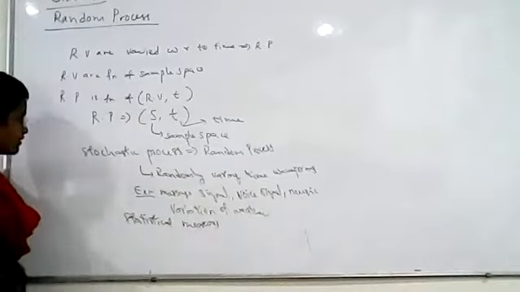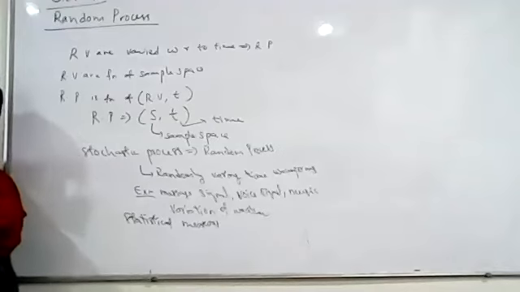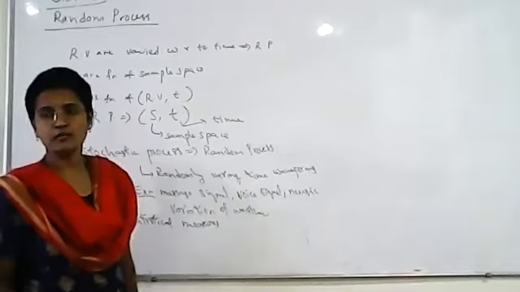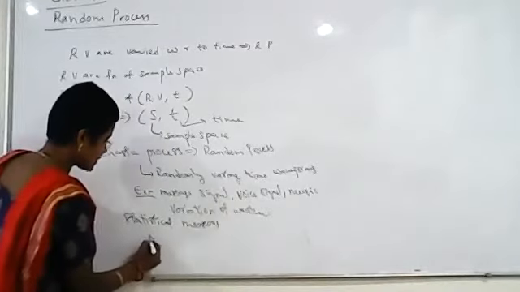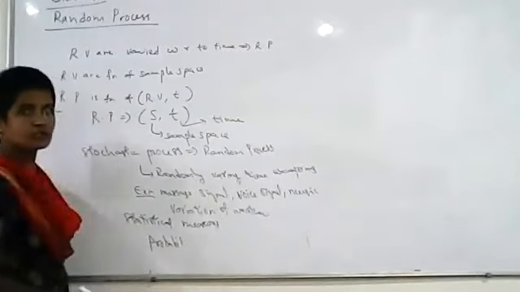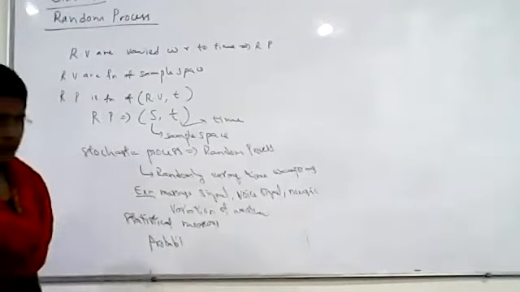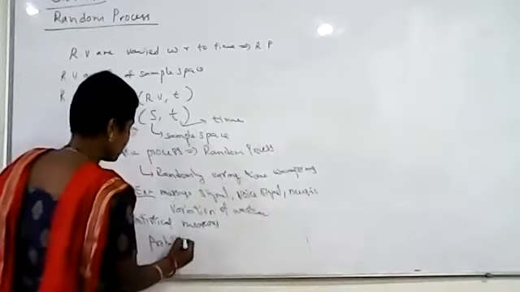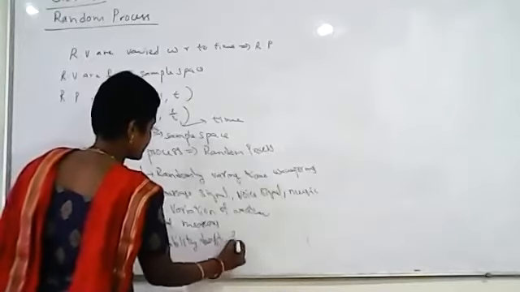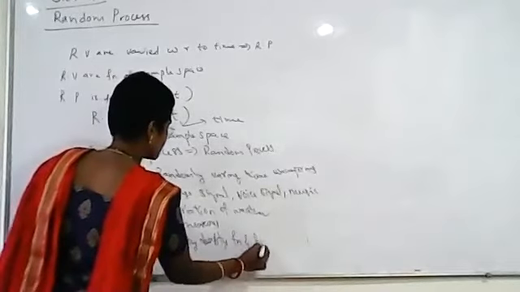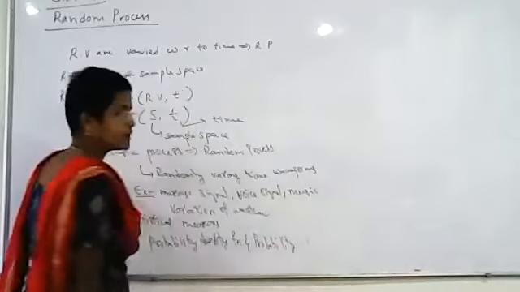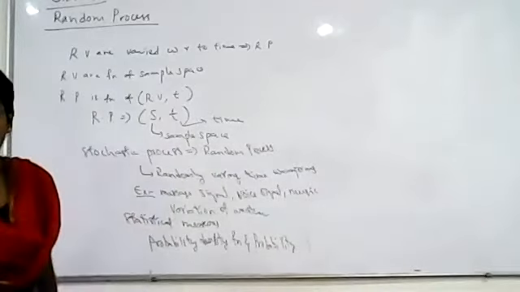To obtain the statistical measurements, we use the probability density function and the probability distribution function. These are the two functions we use to obtain the characteristics of random process.